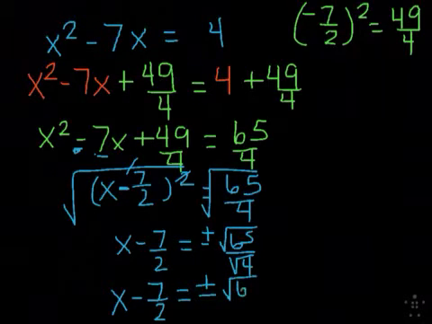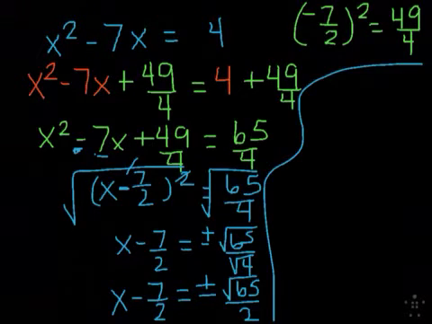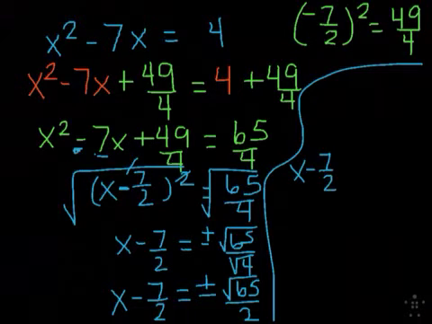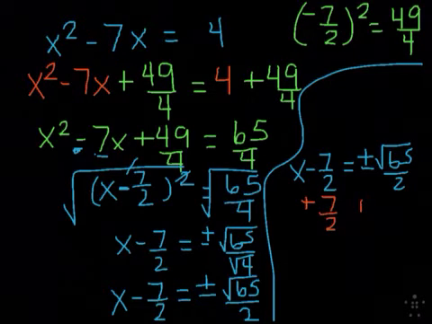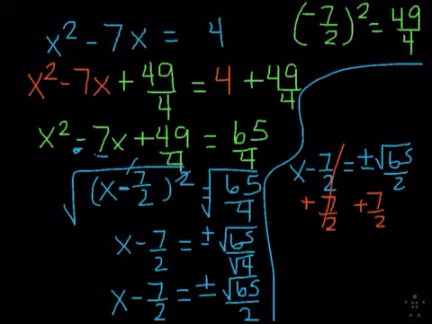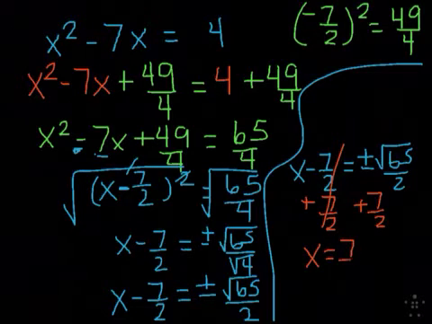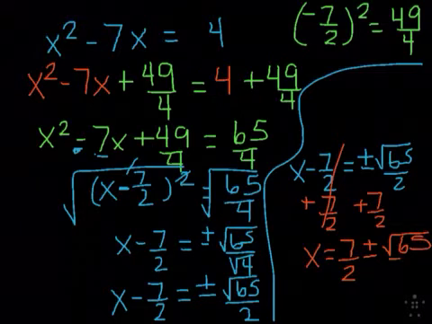If not, leave it as it is. Over the square root of 4, which we know is 2. So I'm going to have x minus 7 over 2 equals plus or minus square root of 65 over 2. We're going to add 7/2 to both sides. So x equals 7 over 2 plus or minus the square root of 65 over 2.